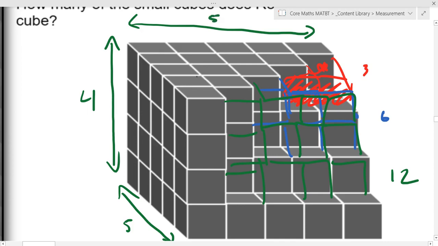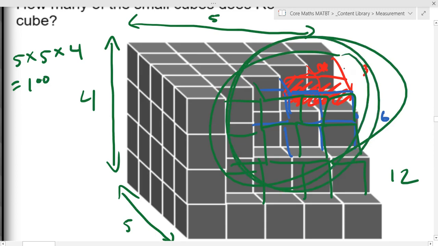So if you wanted to calculate how many cubes there are altogether, you would go 5 times 5 times 4, which equals 100. Okay, and then from there you could figure out, if all of it equals 100, how much do I need to fill up the rest here? And then you could figure out what the shape is there.